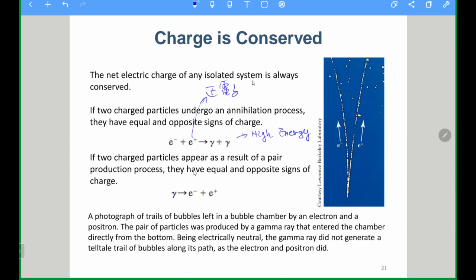Another way is if you have a large amount of energy, it can split into an electron and positron. Something like thunder rays can form positrons, but we seldom find them elsewhere on Earth.